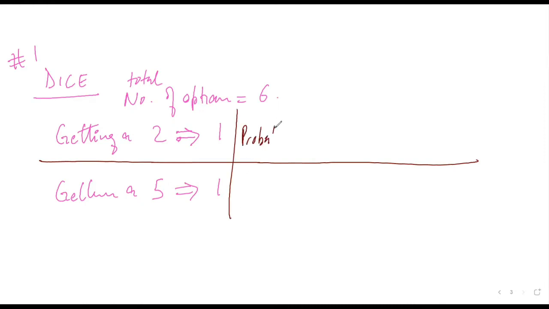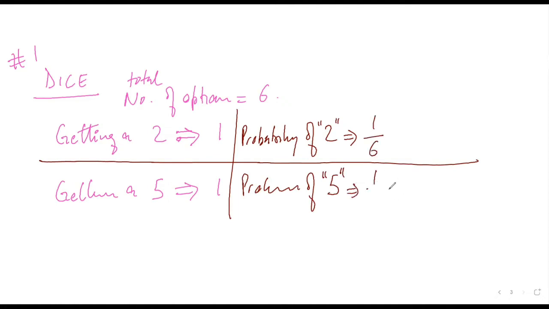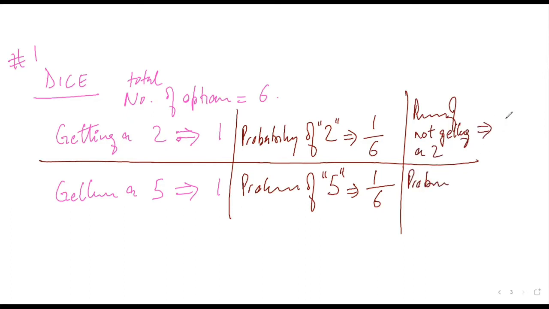The probability of getting a 2 would be equal to 1/6. Shabash. And the probability of getting a 5 would be 1/6. So the probability of not getting a 2 would be 5/6. Again, the probability of not getting a 5 would be 5/6. Have you understood now? Yes.